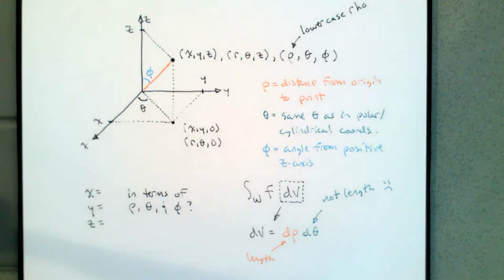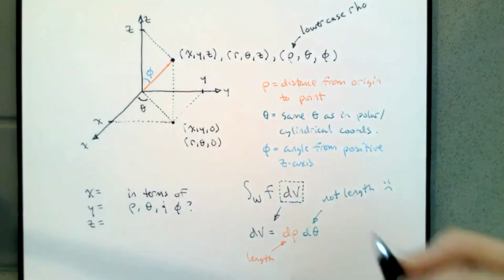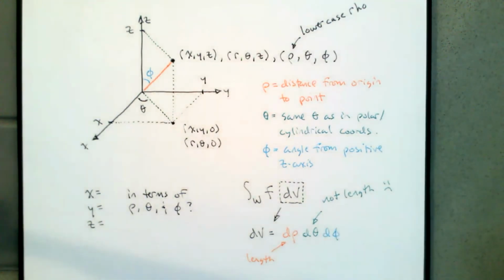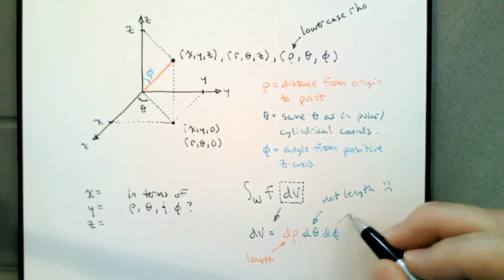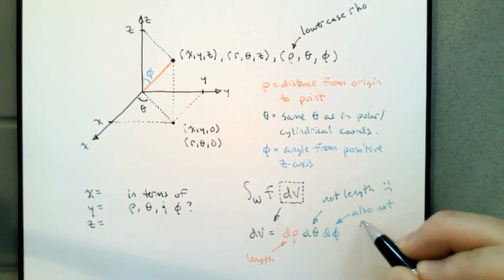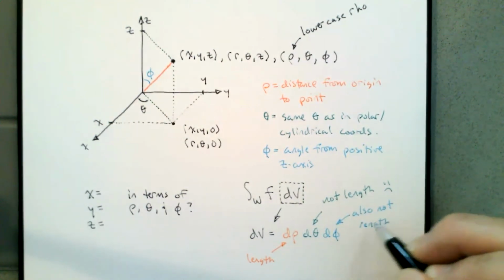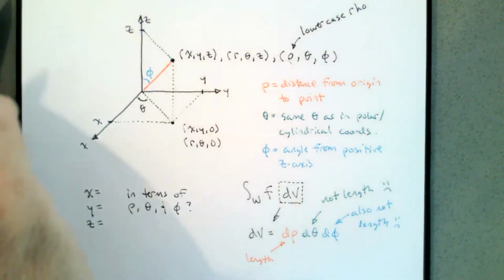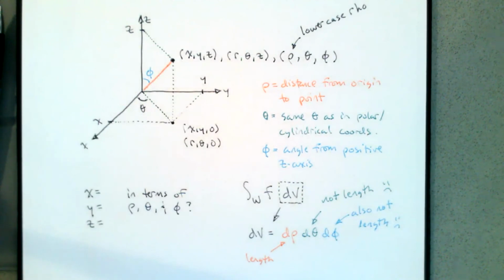Then the other d variable we have is d phi. And that's also not a length. So we're going to need 2 extra factors in here to turn dV into a volume.